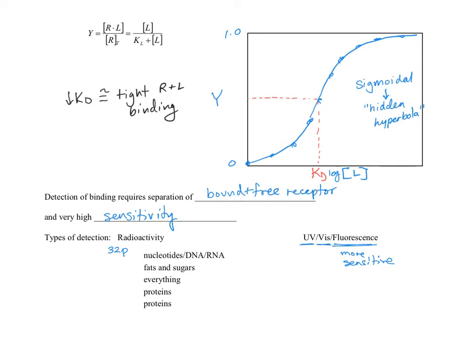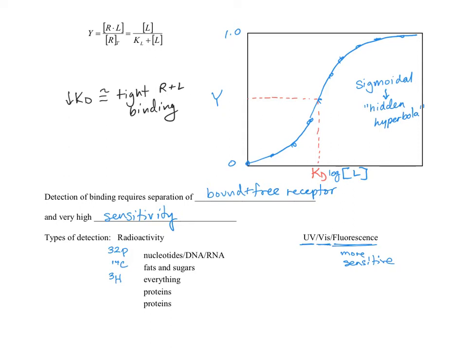Fats and sugars, we're going to use almost always C14. That's a real downer because that's got a half-life of 5,000 years, so it's hard to get rid of that stuff. But fats and sugars don't really have anything else that can be used except for tritium, which we'll get to in a minute. Tritium, anything, is going to have protons on it. You can swap out tritium, but that's also a real long half-life.